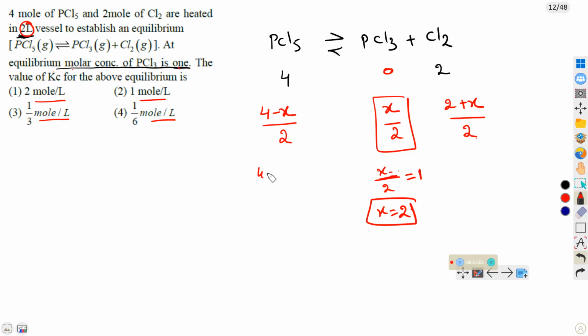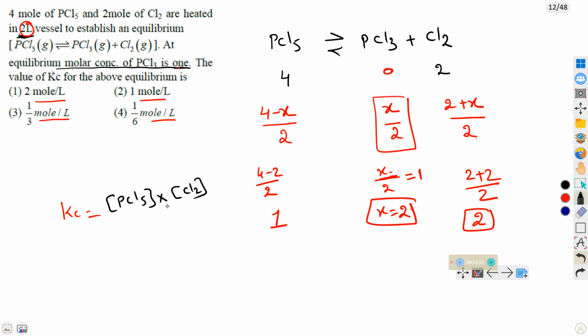Substitute here. 4 minus 2 by 2, 2 by 2, 1. 2 plus 2 by 2, 4 by 2, 2. Now Kc is equal to concentration of PCl3 into concentration of Cl2 by concentration of PCl5.